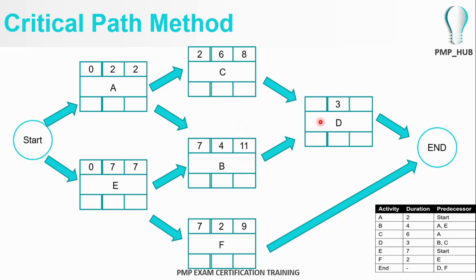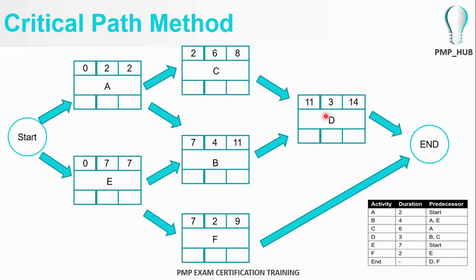Since activity D depends on B and also C, although C finishes on day number 8, the earliest start time activity D can commence is day number 11. Activity D has 3 days duration, so activity D's earliest finish time will be day number 14.